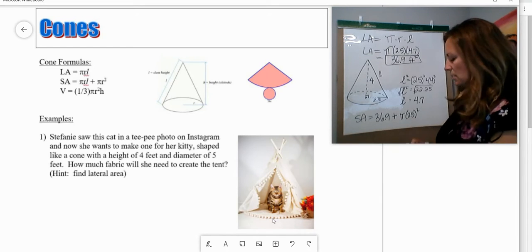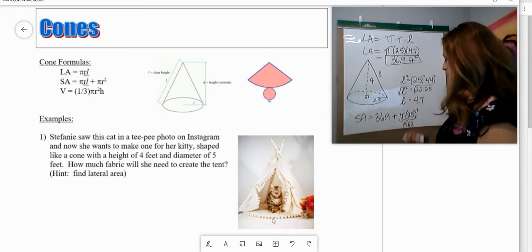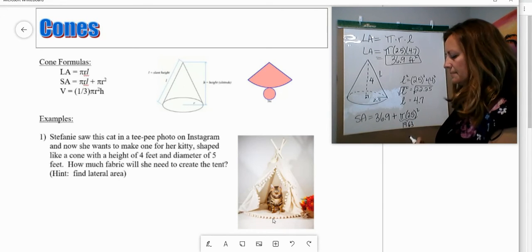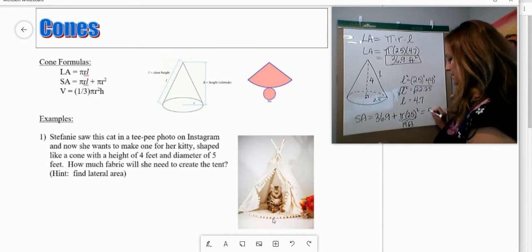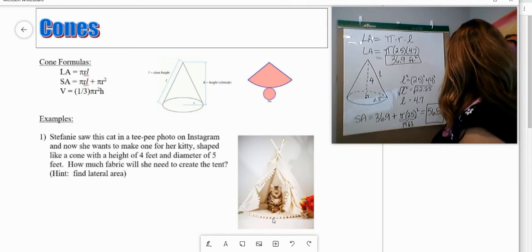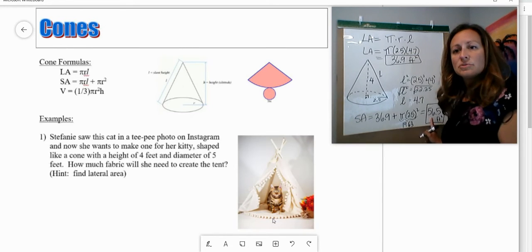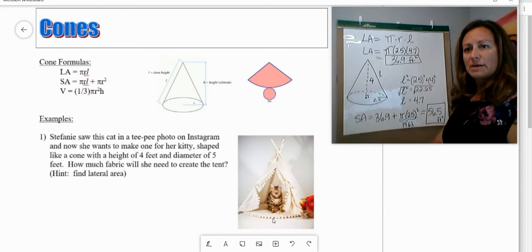That's this part. Plus 36.9 is 56.5. So this would be the total surface area in square feet that she would need to get the whole tent and the bottom.